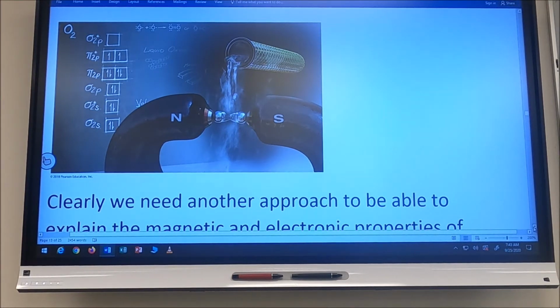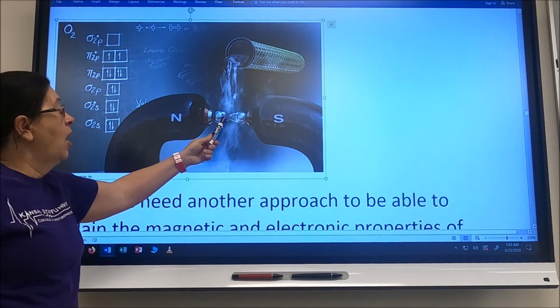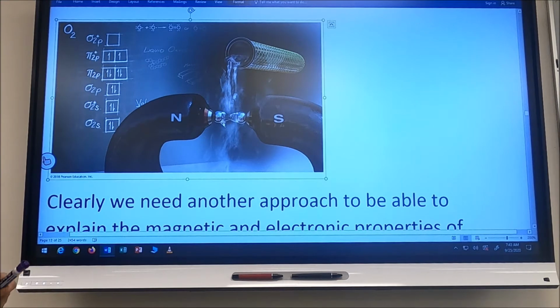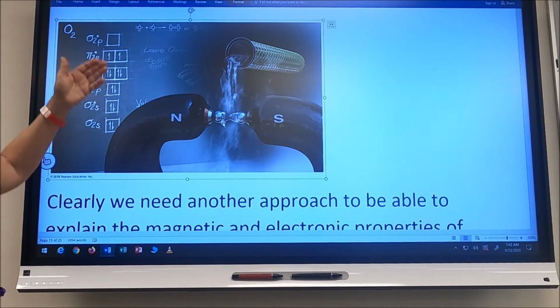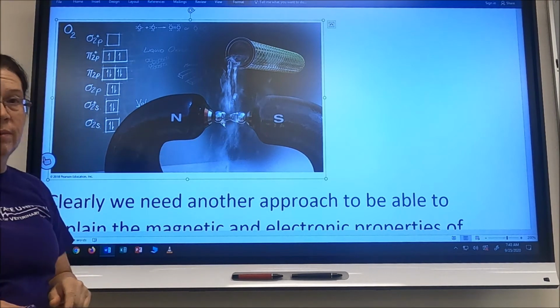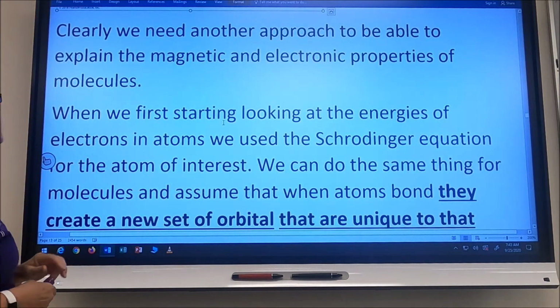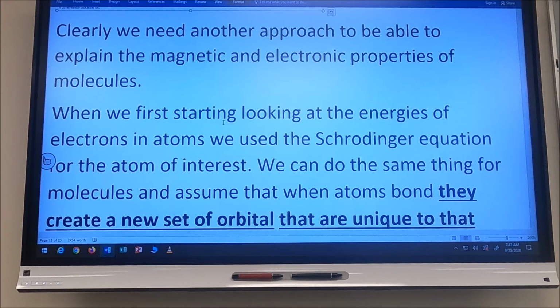What's important here is the fact that the liquid oxygen gets trapped between the two poles. That tells us that it has a magnetic characteristic. If it was diamagnetic, it would pour straight through and we'd see nothing in here. It's working for me today. Clearly we need another approach to be able to explain the magnetic and electronic properties of molecules.